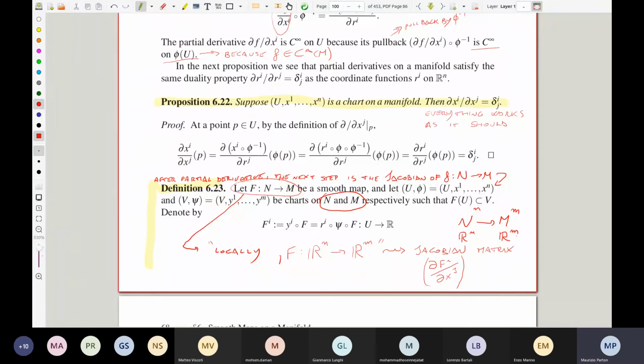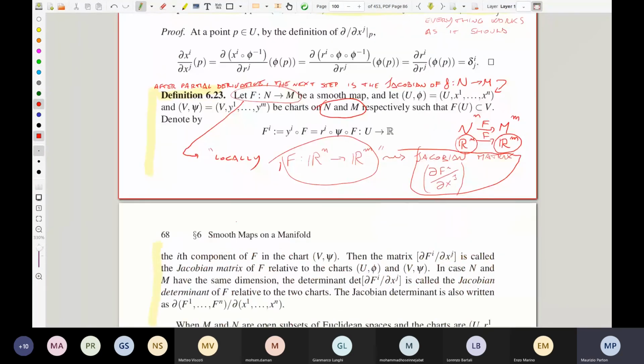So you can do the partial derivatives of this map with respect to these coordinates, with respect to this component. So you can make what is called the Jacobian matrix. So locally, on differentiable manifold, you have also a notion of Jacobian matrix. But remember, all these things depend on the charts you have chosen.